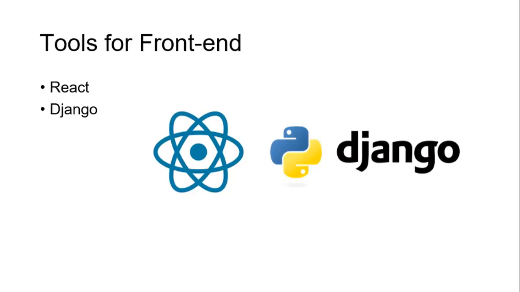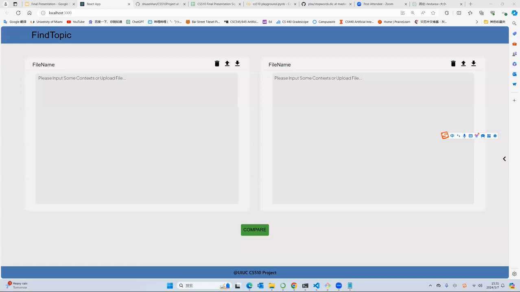And next, we used React for the front end, and we're going to show you the demo. Hey everyone, this is our application's UI. It takes 2 documents as the input, and let's upload 2 documents.